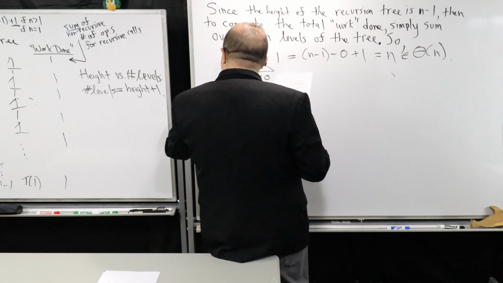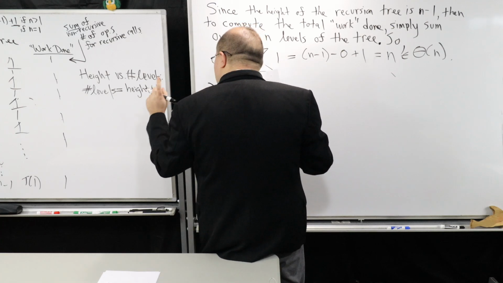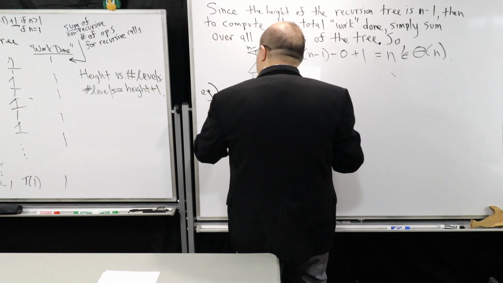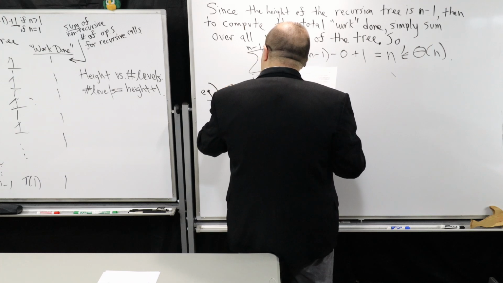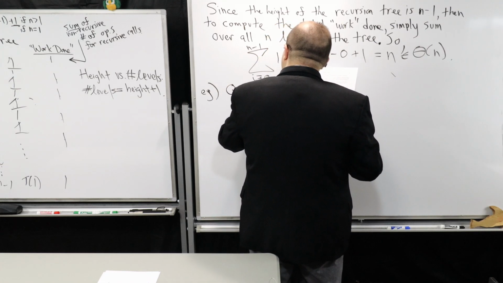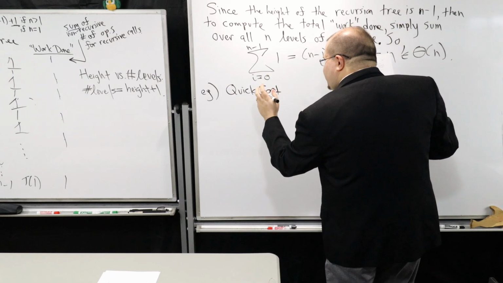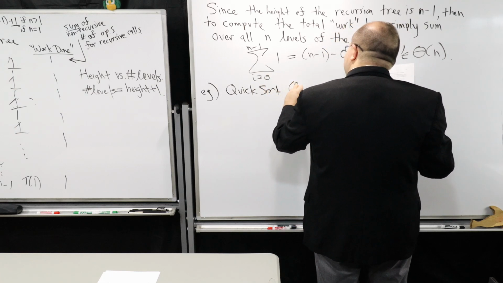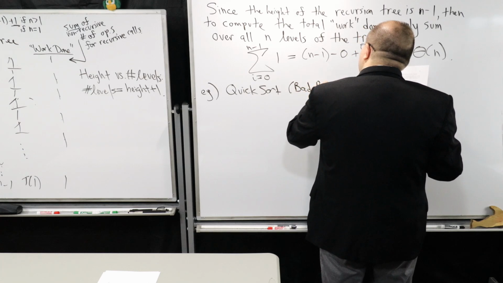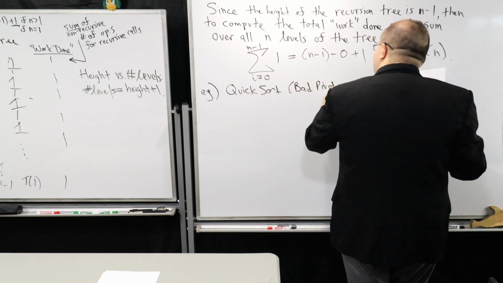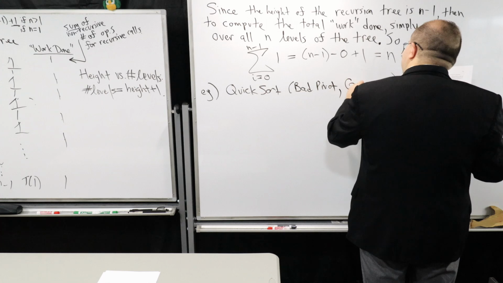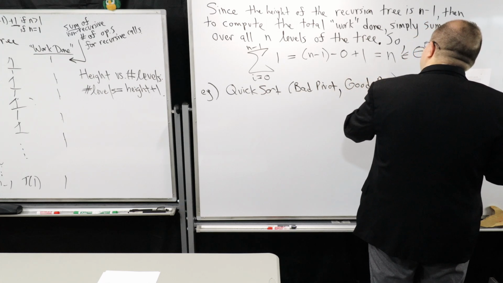I want to mention that in the notes, I'm going to provide you 2 more examples of recursion trees. They're going to be based around quicksort. One is based roughly around when you pick a bad pivot, and then an example where you pick a good pivot.